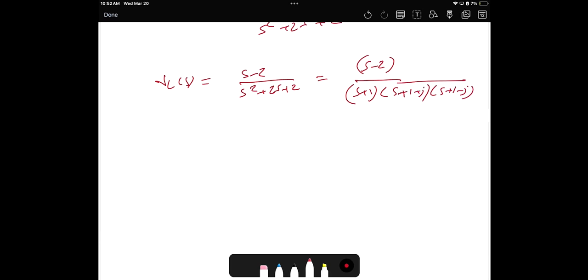Then to solve this we need to have 3 C's: C1 over S plus 1 plus C2 over S plus 1 plus J plus C3 over S plus 1 minus J.